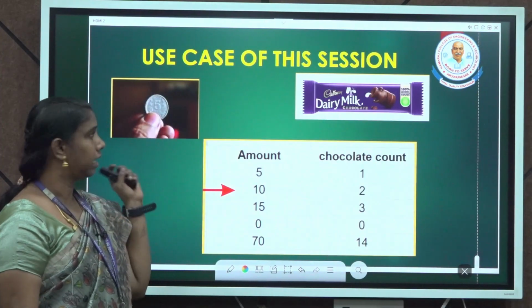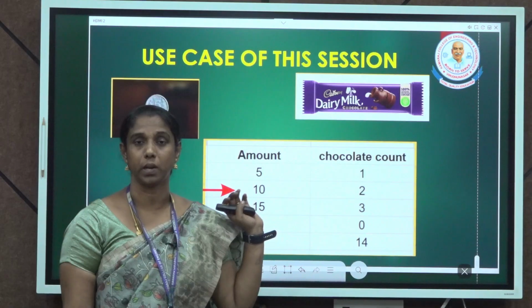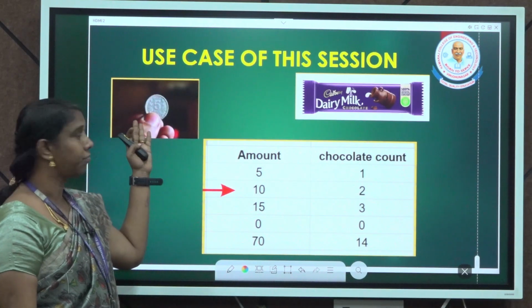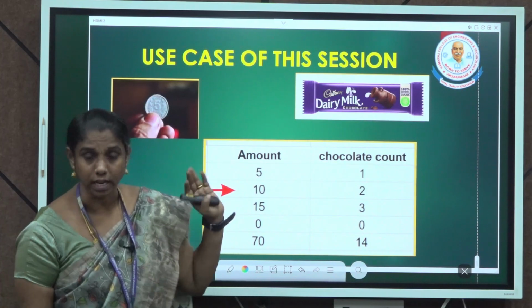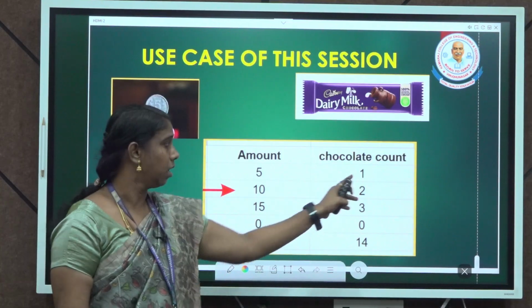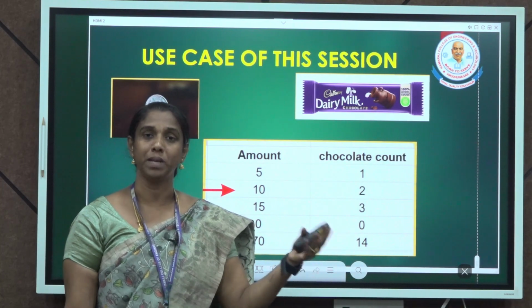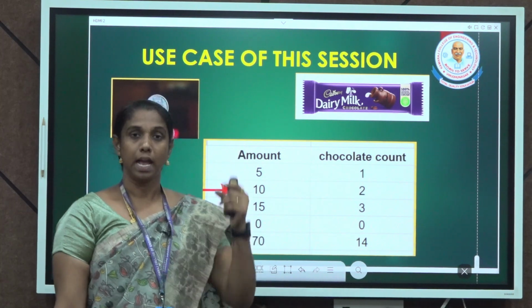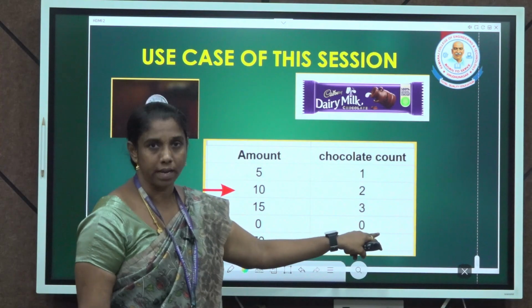Before we discuss linear regression, let us see a use case scenario. Suppose I have a 5 rupee coin and I want to buy a Dairy Milk chocolate. With 5 rupees, how many chocolates can I buy? Only one chocolate. If I have 10 rupees I can buy 2 chocolates. If I have no amount, we cannot buy any chocolates.